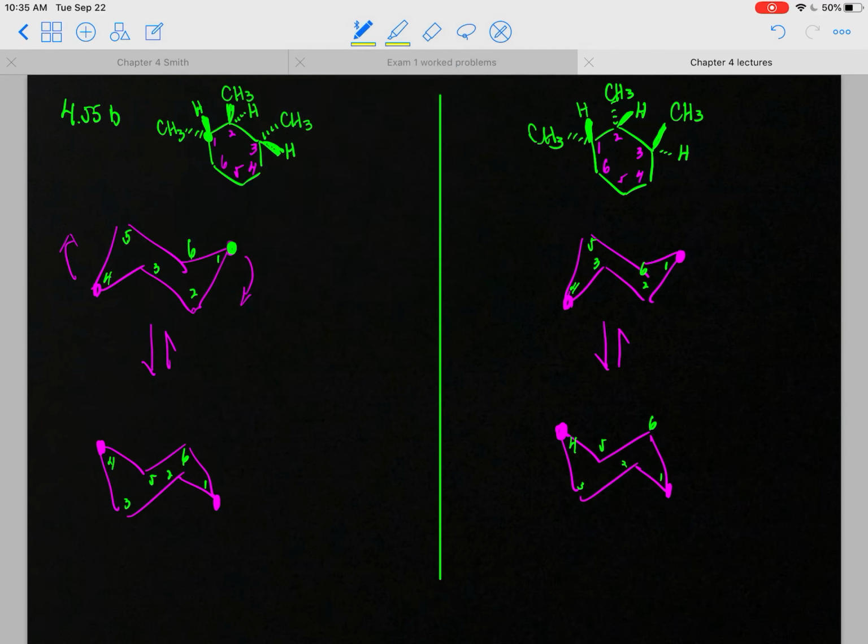Okay, so carbons 1 through 6 clockwise. Now, what we want to do is identify where those groups are. Carbons 1, 2, and 3 have methyl groups. So on carbon 1, draw in your lines at the correct angles of where things are usually positioned and bonded.